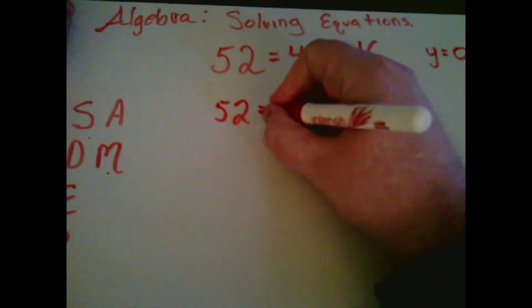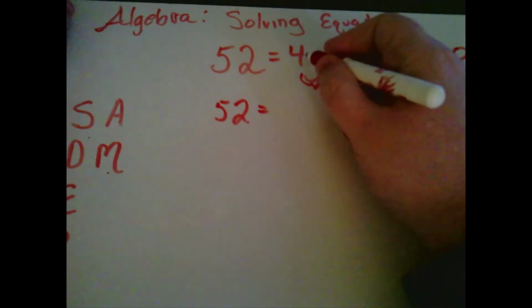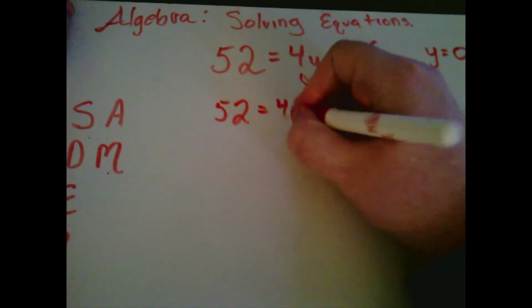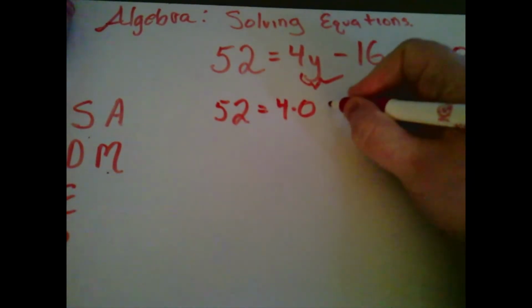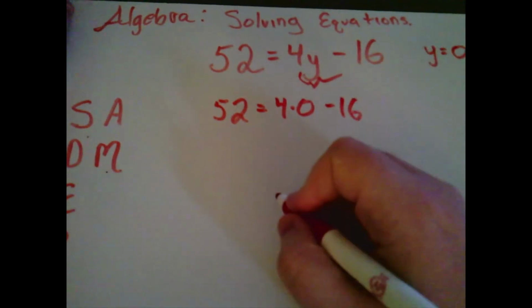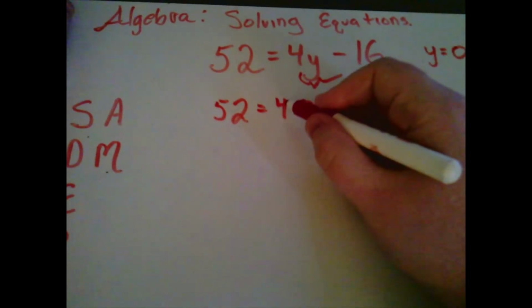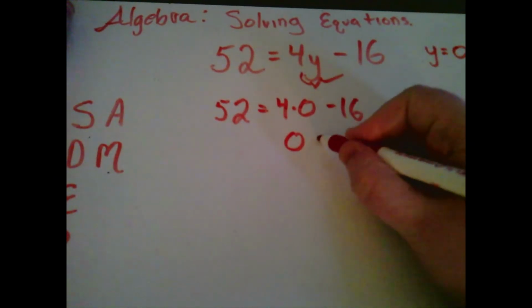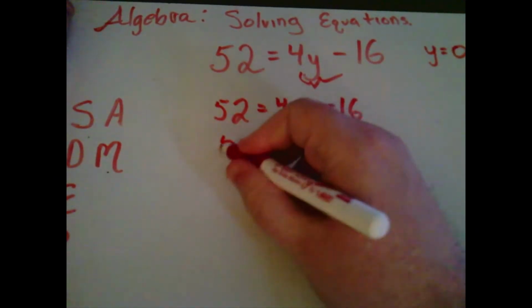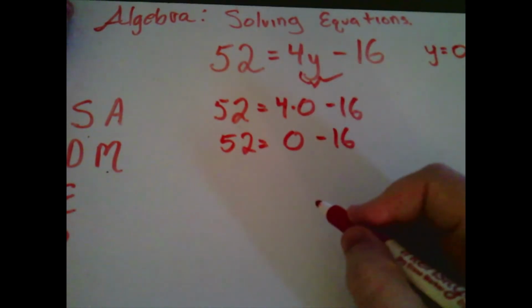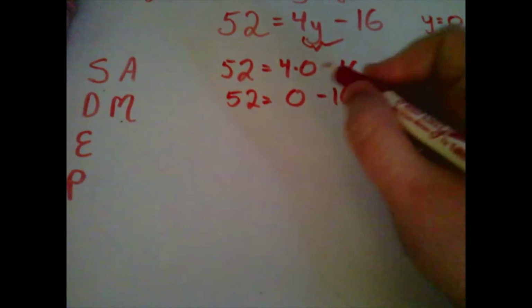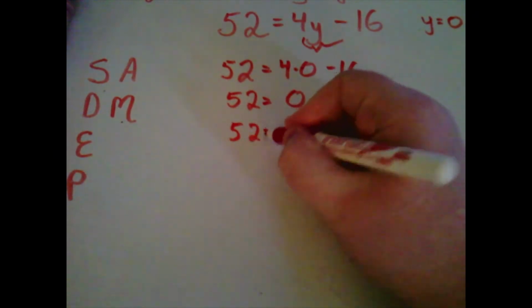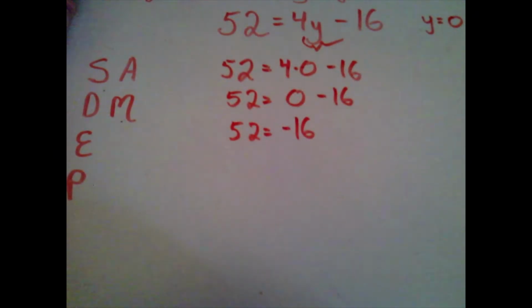If we replace y with 0, there's a hidden multiplication between 4 and y, so this would be 4 times 0 minus 16. According to PEMDAS, we would do this multiplication first. 4 times 0 is 0, minus 16. 0 minus 16 is negative 16. And we end with 52 equals negative 16.